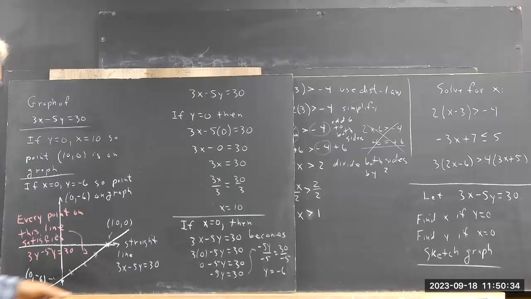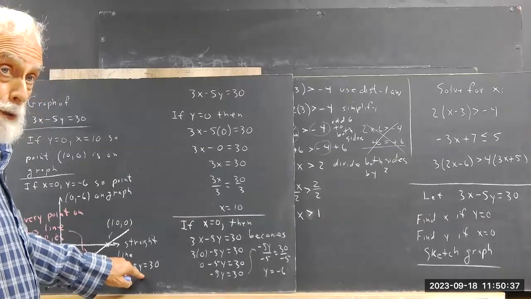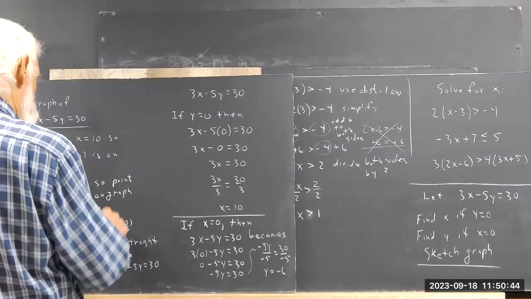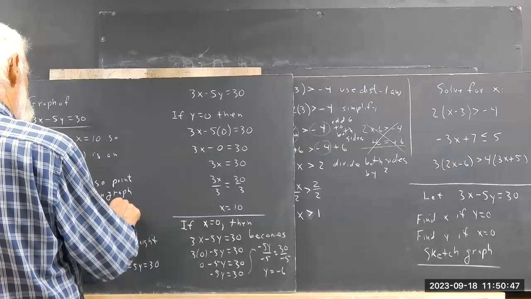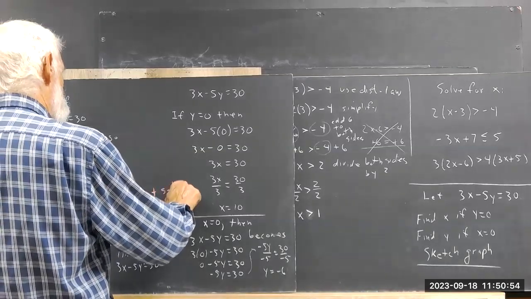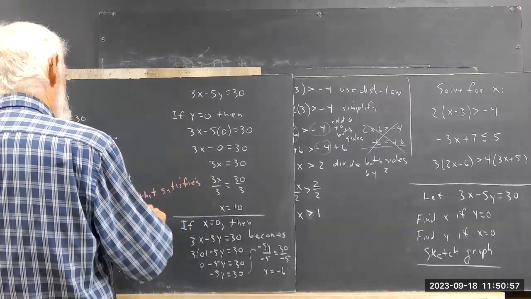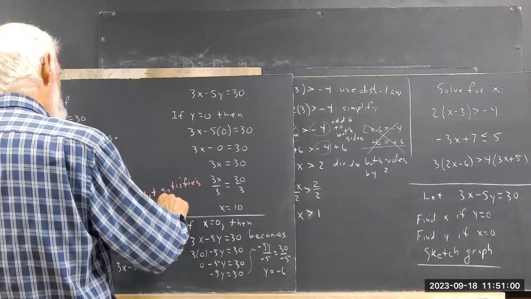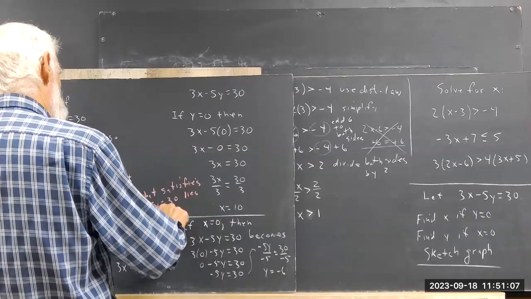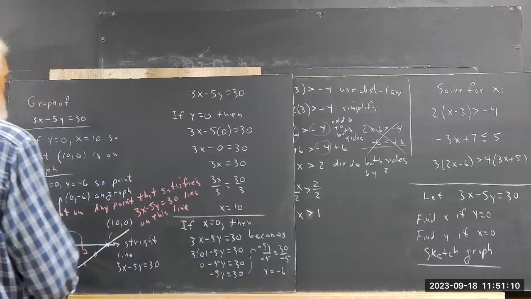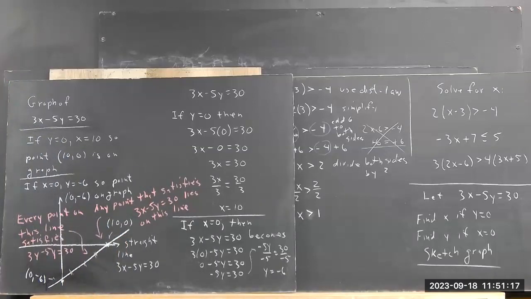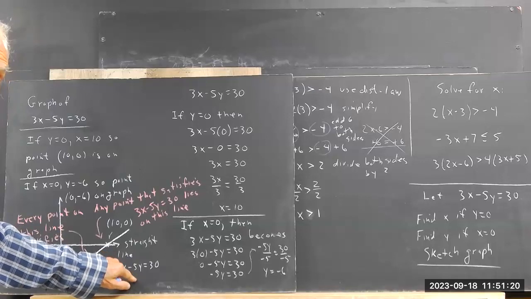In addition, any point that satisfies the equation is going to be on this line. And that's a big deal. This line completely represents this equation.